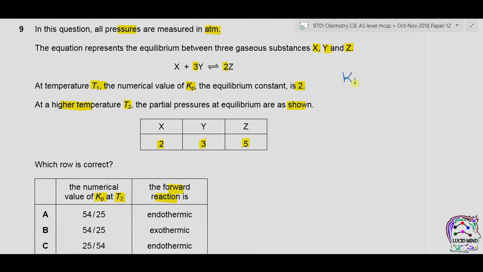The formula of Kp is equal to partial pressure of product, which is Z raised to the power of number of moles, as we have 2 moles, divided by the pressure of X multiplied by the partial pressure of Y raised to the power of number of moles. Now putting values, the value of Z is given as 5, so it will be 5 square divided by 2 into 3 cube. So it comes equal to 25 divided by 54.